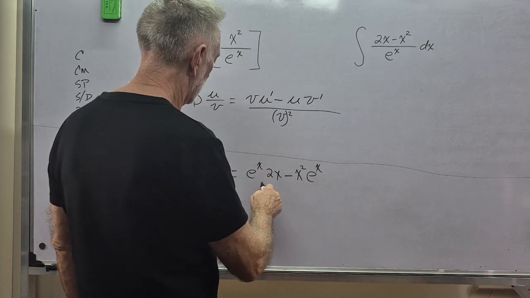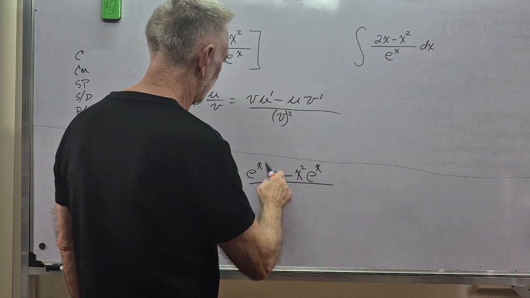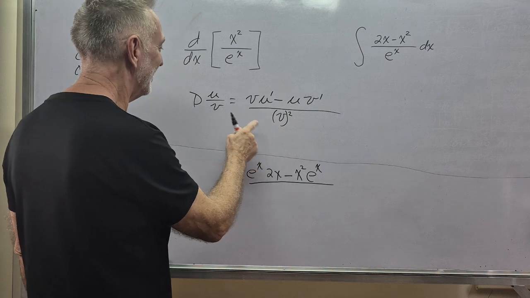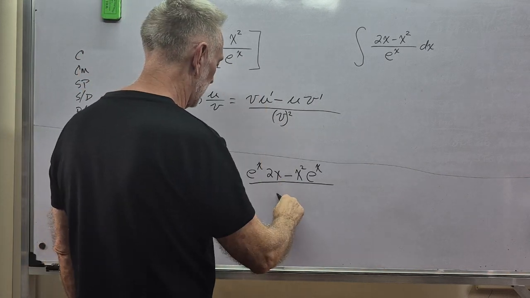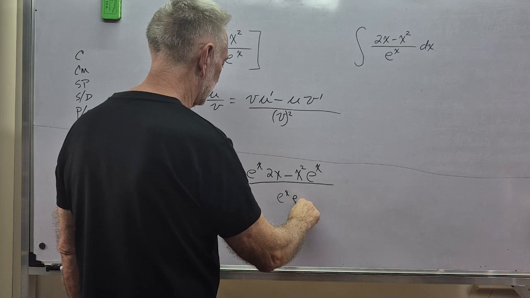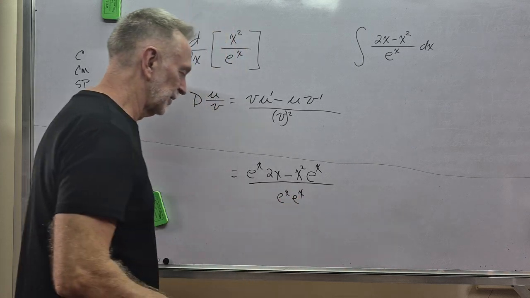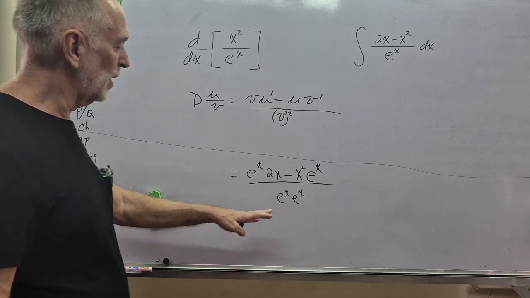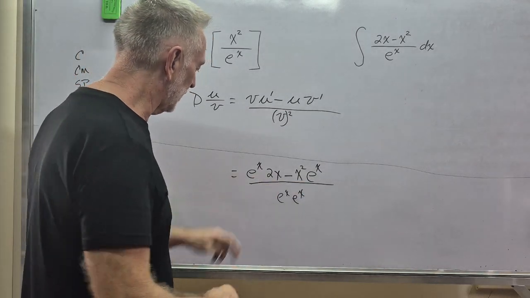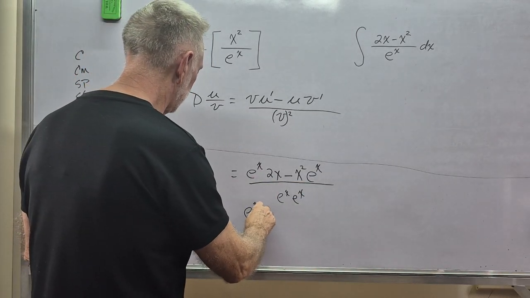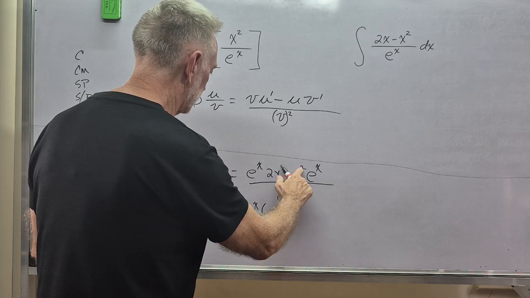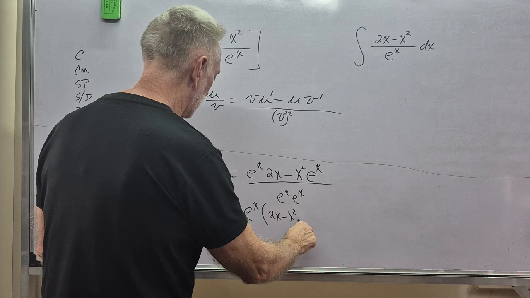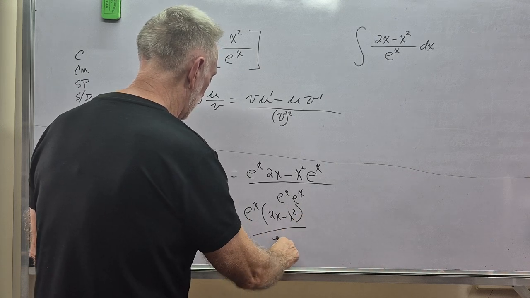And all of that, this is where I usually forget to put that in there, is over the bottom function squared. So I'm just going to write it as e to the x, e to the x. Now you'll see in a moment why I did that. I'm going to factor e to the x out: e to the x times 2x minus x squared, over e to the x.